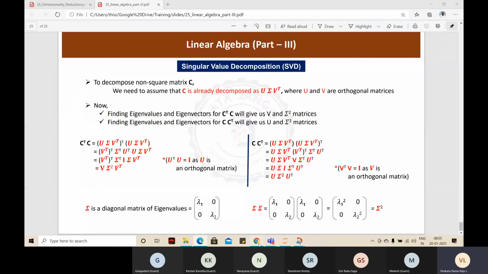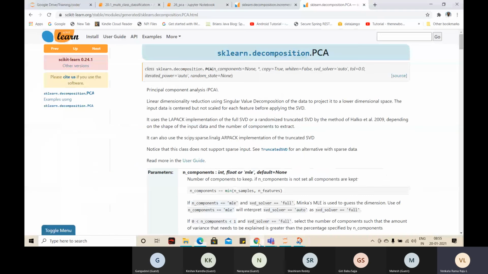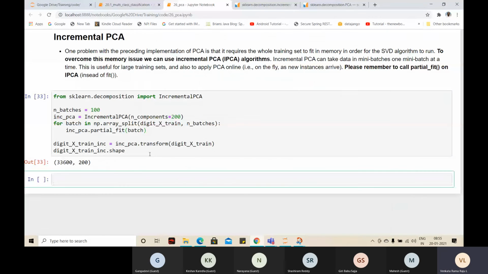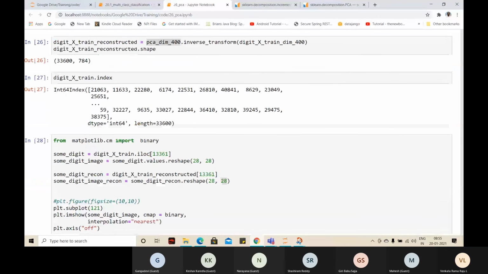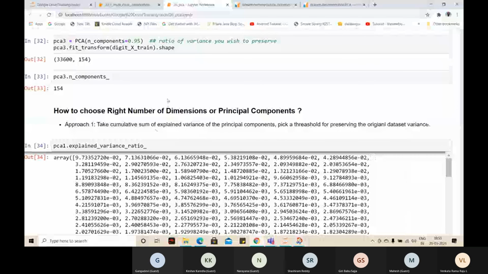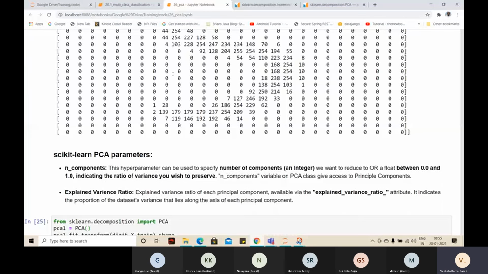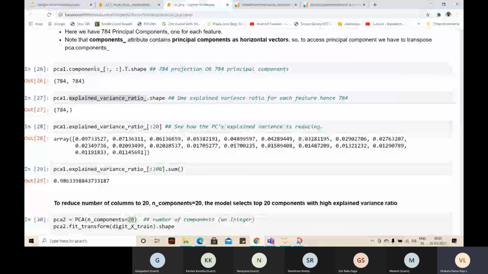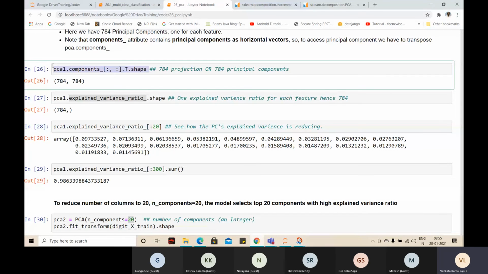That's a good point. We can actually take these principal components here. Let me show you this. 784 PCs. Maybe take two of them and multiply. Maybe I'll do that right away. Give me 1 second.